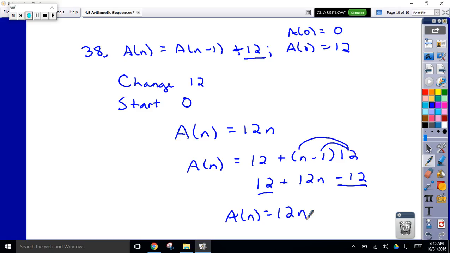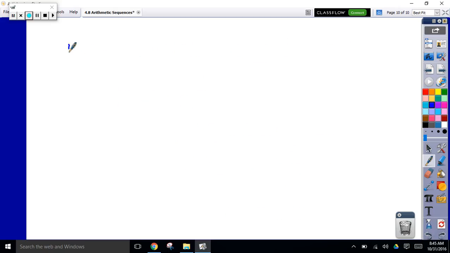Okay, next one I want to look at together is number 42 from the textbook. Because for number 42, they start with the explicit formula that looks more confusing than the way we do it. We have a of n equals 5 plus n minus 1, whoops, times negative 3.